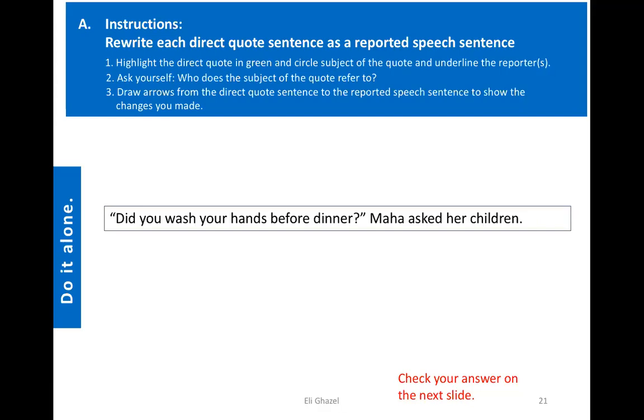So you don't make the whole lesson about that, but you can insert some of these sentences and questions like, did you wash your hands before dinner? Maha asked her children. Now, once we ask this often enough, it becomes a habit with the kids to wash their hands before they come to dinner and eat, or lunch or breakfast, whatever it is.